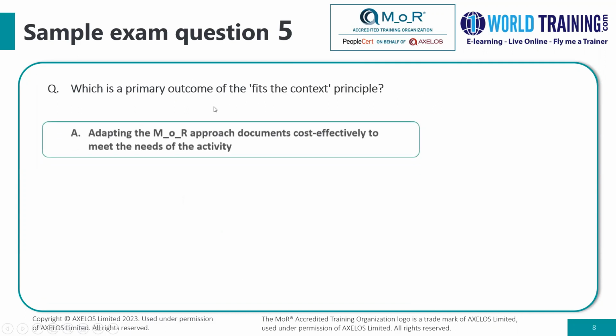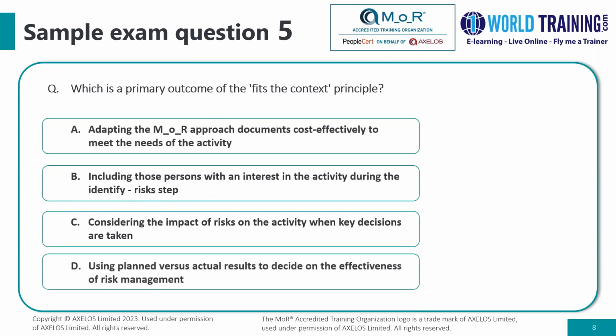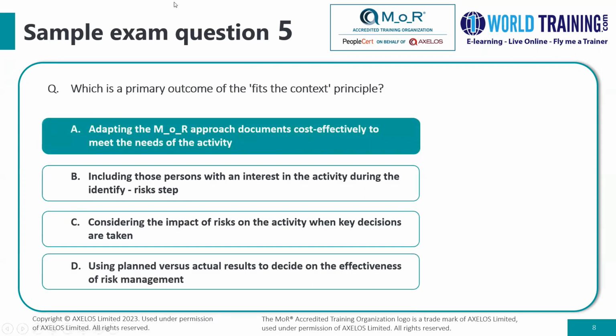The next one, question number 5. Which is a primary outcome of the fits the context principle? The answer is A. You would be asked a lot of questions in the exams on the outcomes of a particular principle. So it is good to be familiar with the primary outcomes of each of the principles in the framework.